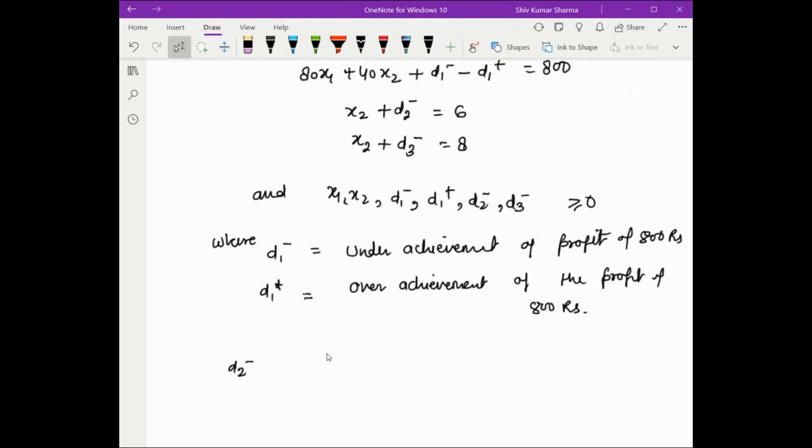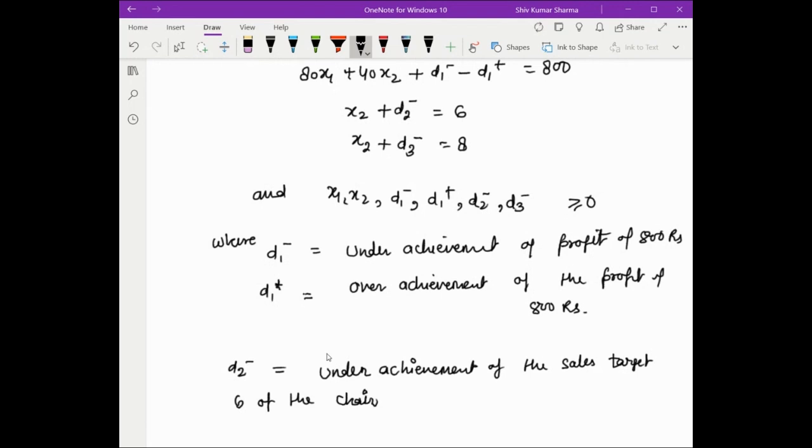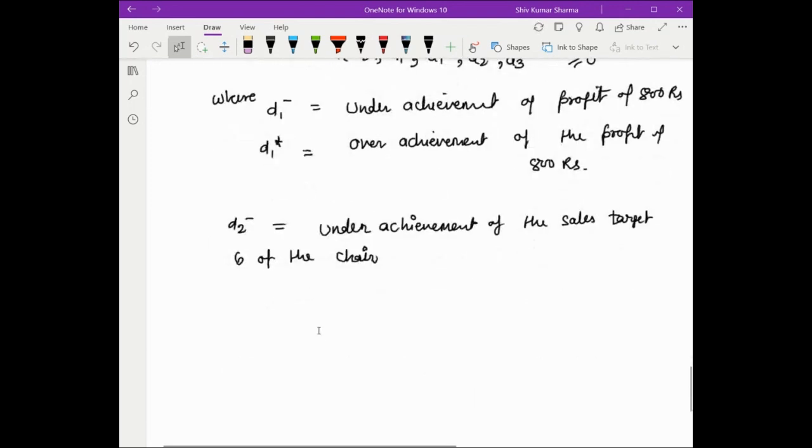D2 minus means underachievement of the sales target of 6 chairs. So D2 minus means the sales target is less than 6, in the form of underachievement.